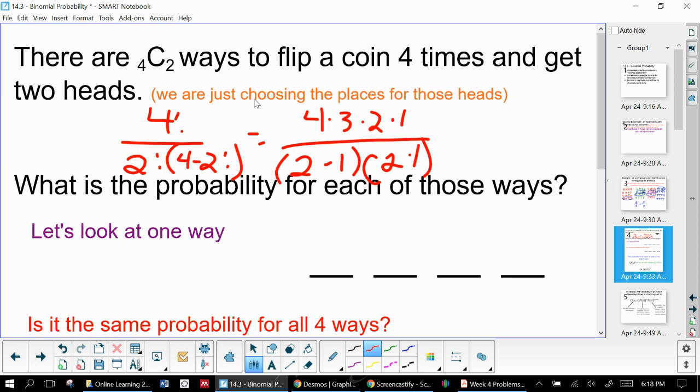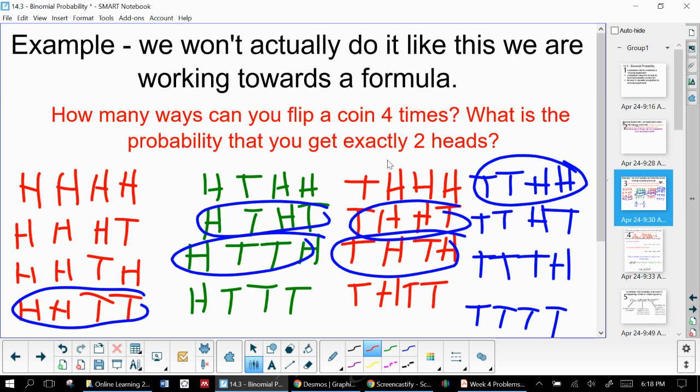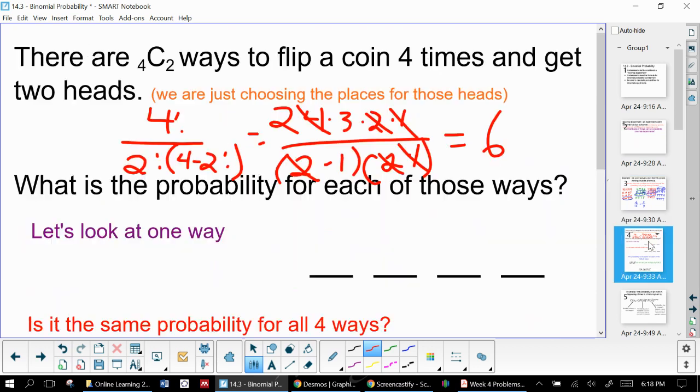So 4 minus 2 is 2. And then you see the 2 and the 1 cancel out. The 2 would cancel out there and make that a 2, and that ends up being 6, which is exactly what we got when we counted them up in real life. There were 6 different ways.